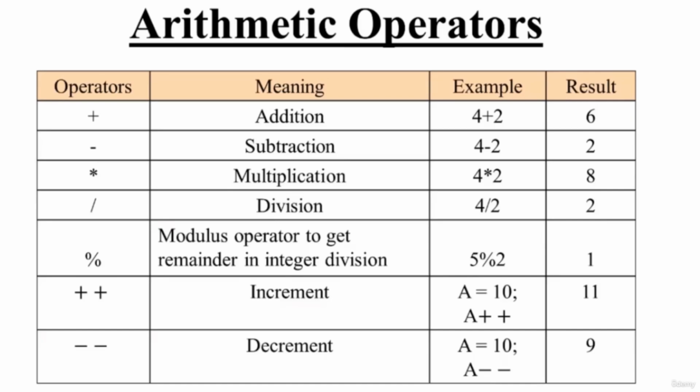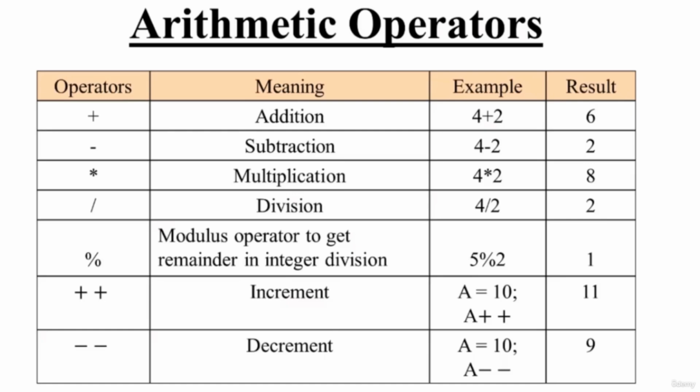For example, 5 divided by 2: the quotient will be 2 and the remainder will be 1. So the division operator will take the quotient part, while the modulus symbol will take the remainder part. Both are related to division only; one deals with the quotient, the other deals with the remainder.